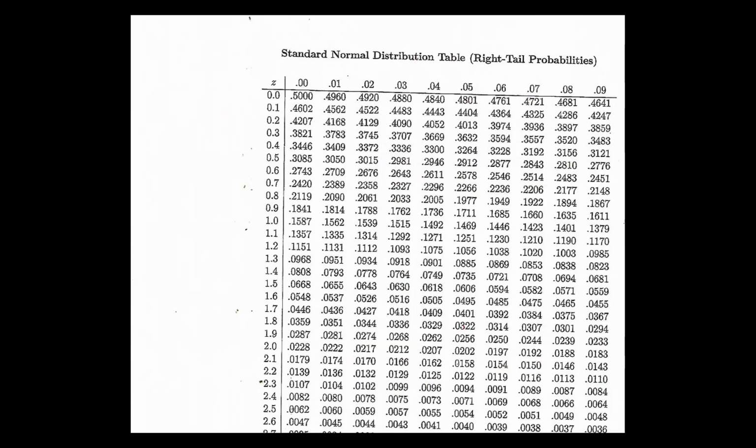So we said that the Z value should always be expressed in two decimal places, because here on top, if you've checked, you have two decimal places, right? And this side you have only one decimal place. So you're looking for where these two numbers are meeting. So you express every number in two decimal places.